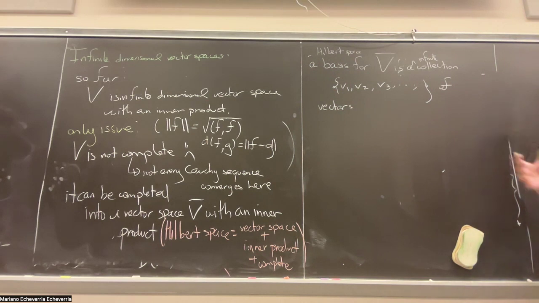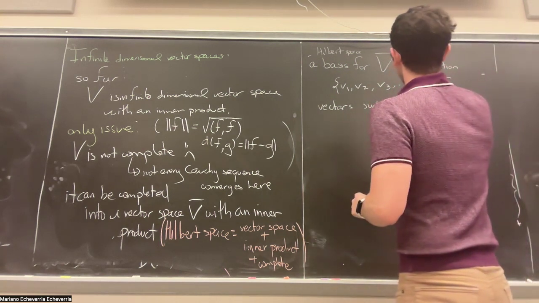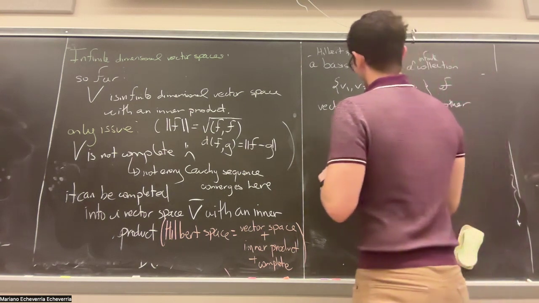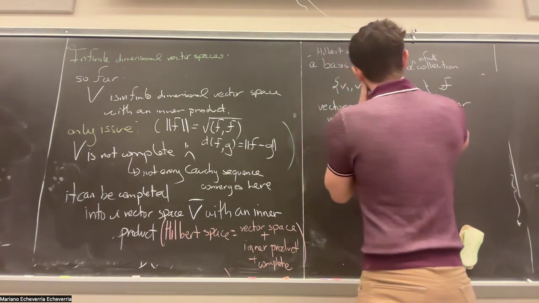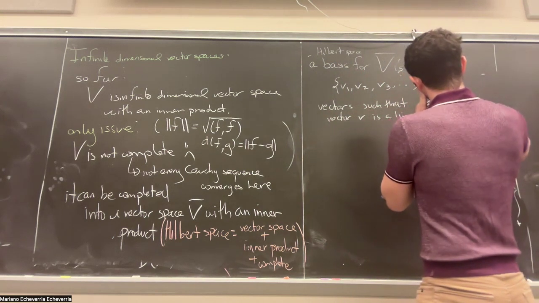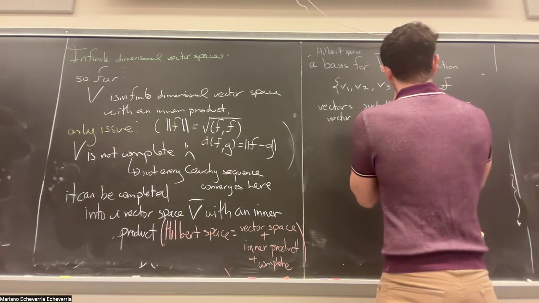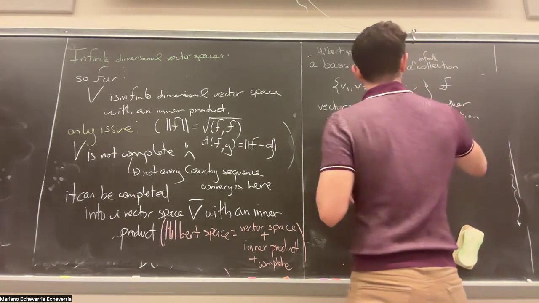And the idea is that every vector here is a linear combination of the basis, such that any other vector v is a linear combination, but in the sense of a sum where c_i is a real number.